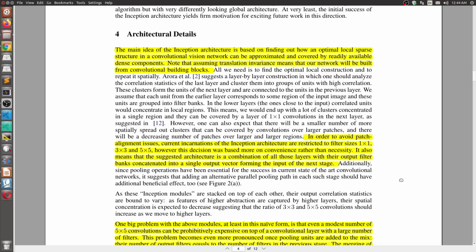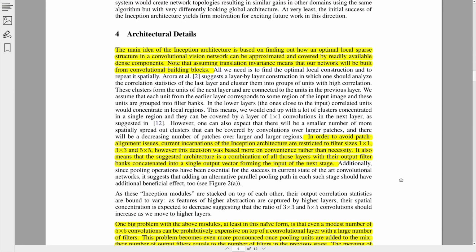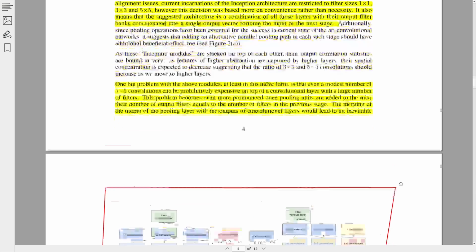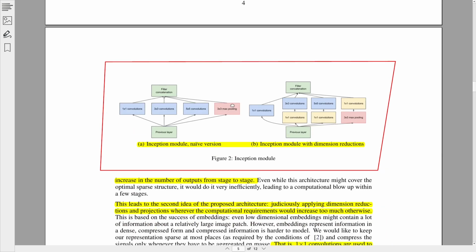Now on the architectural details, the key feature of this paper is this Inception module. Here in this image, on the left you see the naive version of the Inception module, and on the right we see a slightly modified and more advanced version of the same Inception module.